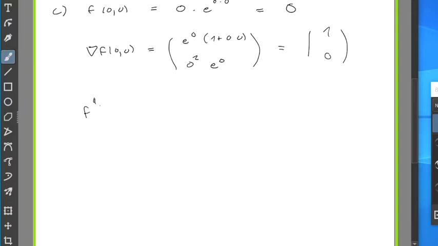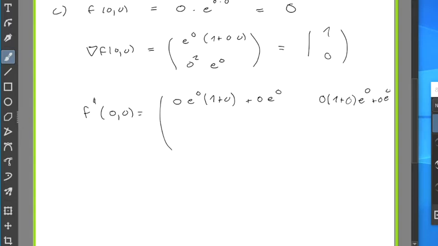And if we do it in the Hessian, we get 0 times e to the 0 times 1 plus 0 e to the 0, 0, 1 plus 0 e to the 0 plus 0 times e to the 0.